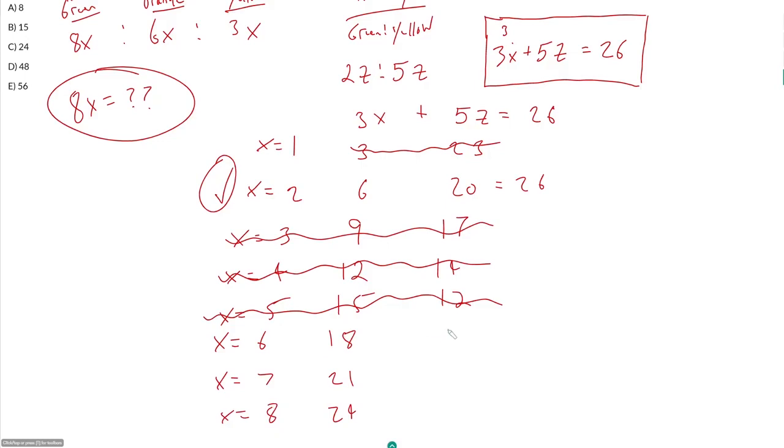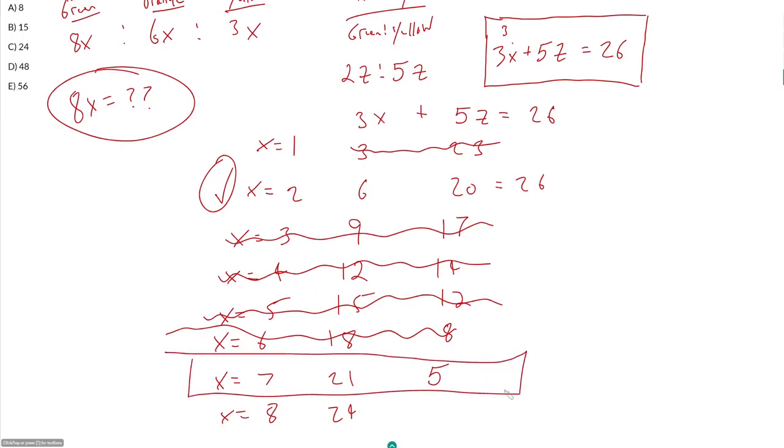This here must be 8. That's not possible. 8 is not a multiple of 5. x is equal to 7. 21. This is 5. So this works when z is equal to 1. 5z is equal to 5. And I'm guessing this guy here will not work. 5z cannot be equal to 3.